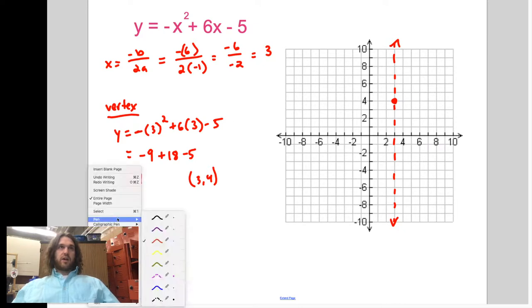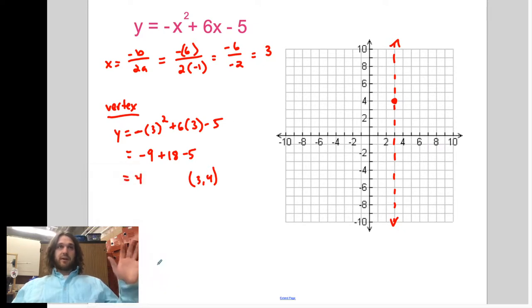Now, you could be done. Right here is the shortcut. You can jump ship and skip the other 2 steps if you recognize the a value and the shape. We've got the vertex and we know the shape, so we're basically done. The shape is just like the parent function but flipped.